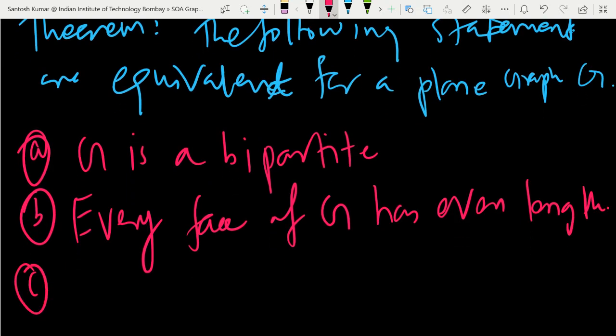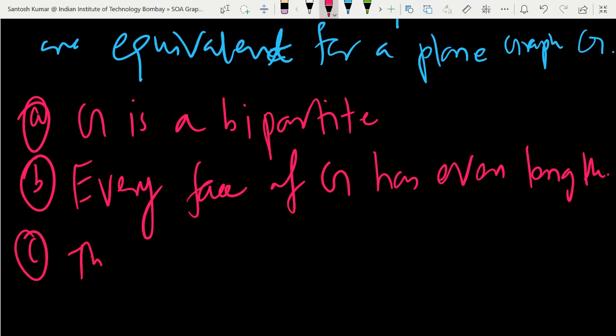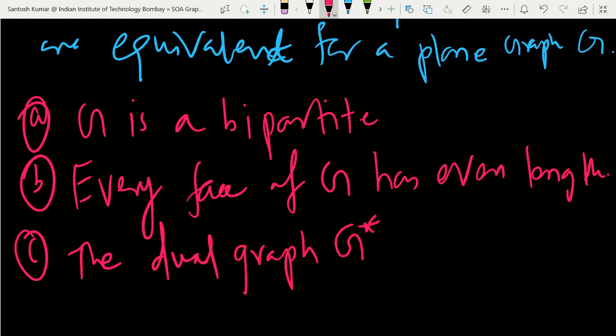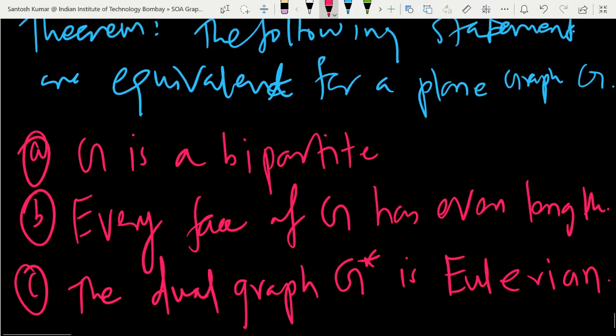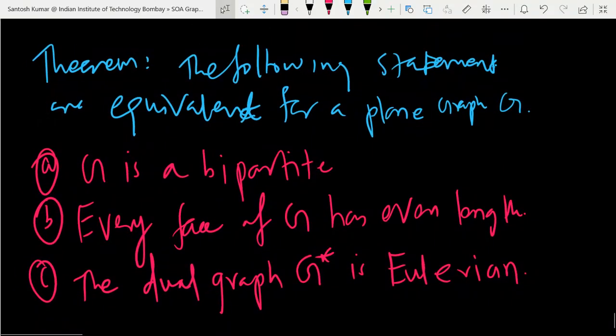And the third: the dual graph G star is Eulerian.